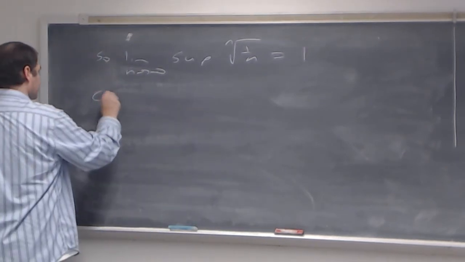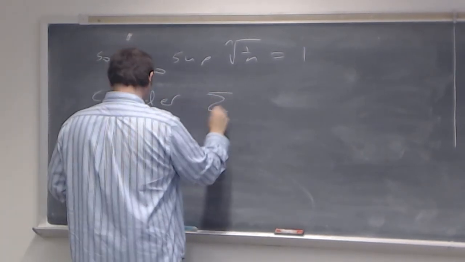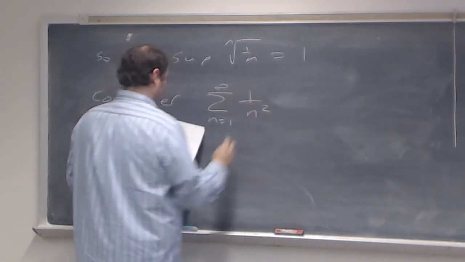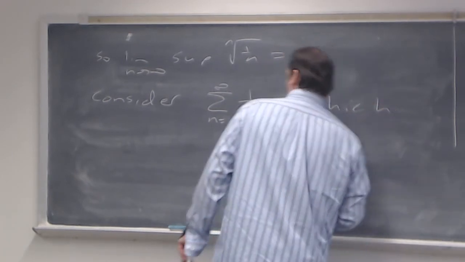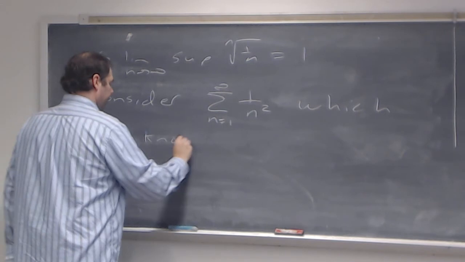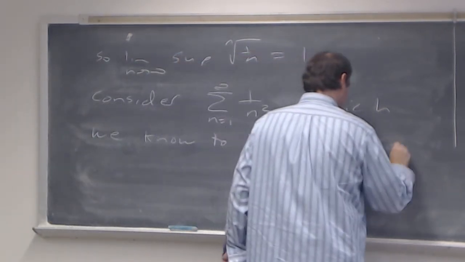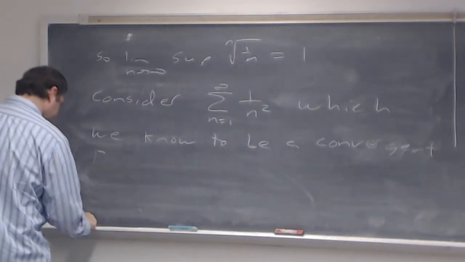Now we're going to consider another example. Again, a p-series. Consider the sum as n runs from 1 to infinity of 1 over n squared, which we know, from what we did today, to be a convergent p-series.